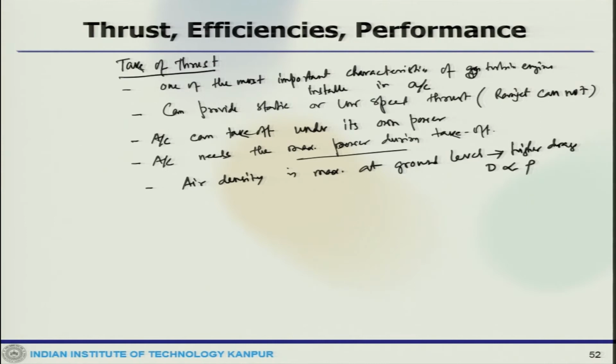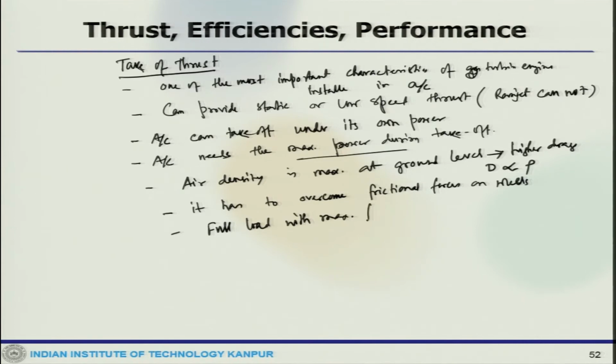So, the aircraft has to also overcome frictional forces on the wheel, also full load with maximum fuel. So, that means the load is full load with max fuel.